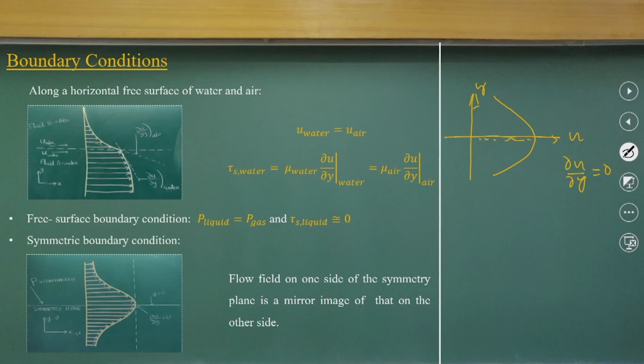Along the symmetry line, del u by del y will be 0. The slope at this point is 0, because it is the peak.